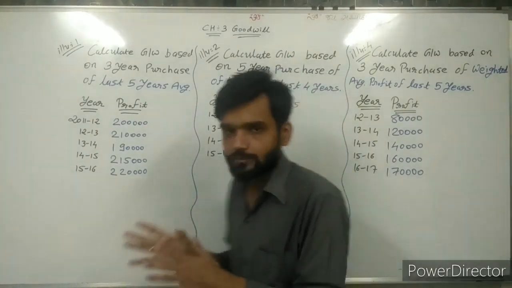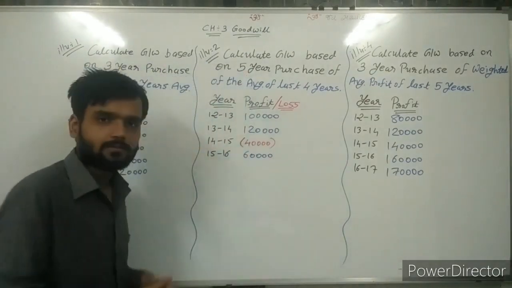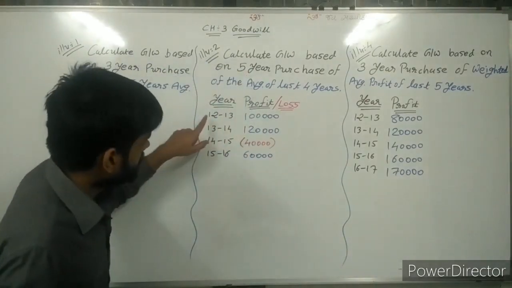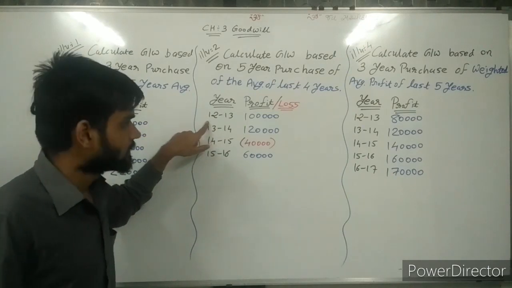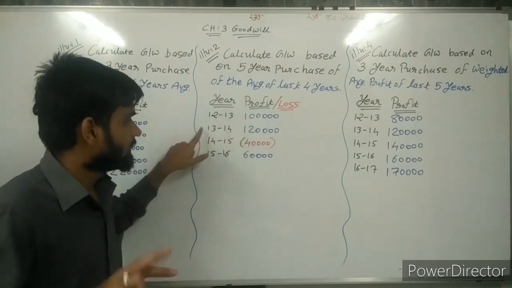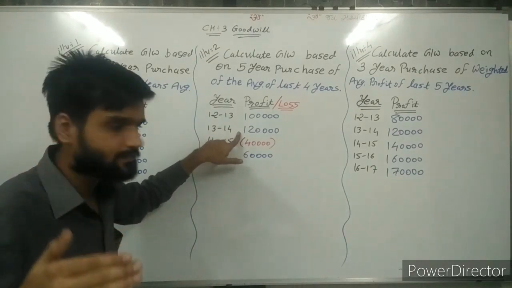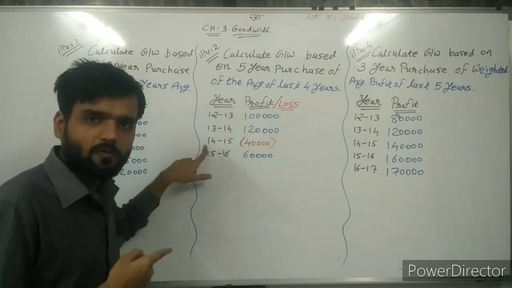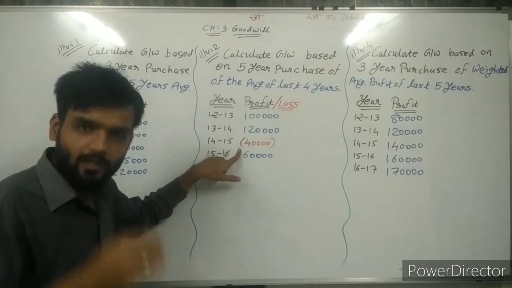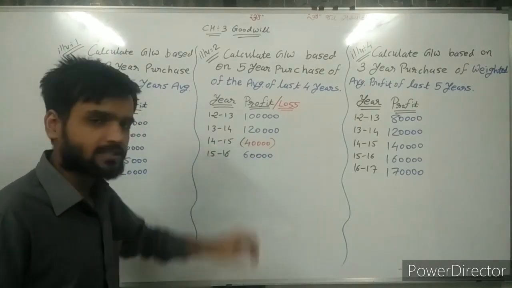Now check the second situation. In the second sum, in 12-13 profit is 1 lakh rupees. In 13-14 profit is 1,20,000, an increase. In 14-15 there is a loss of 40,000 rupees.